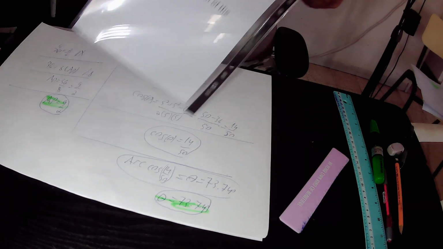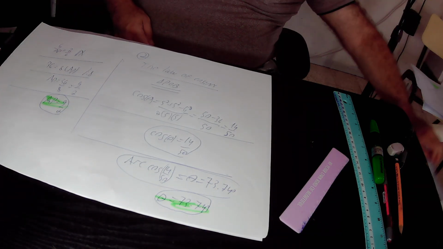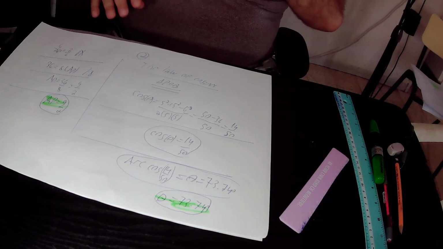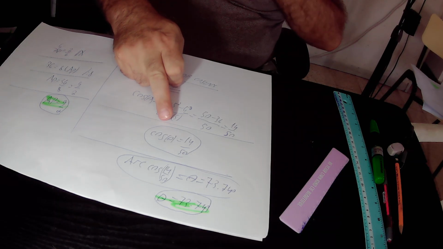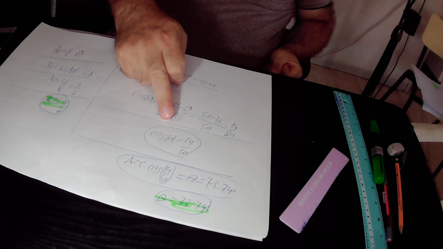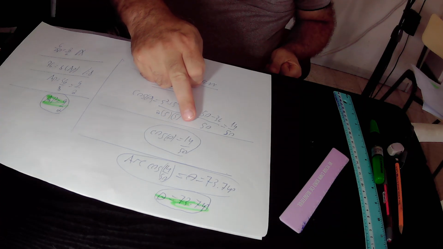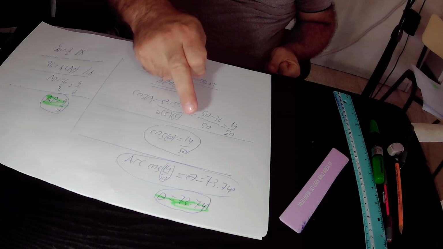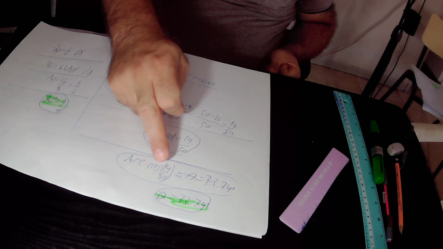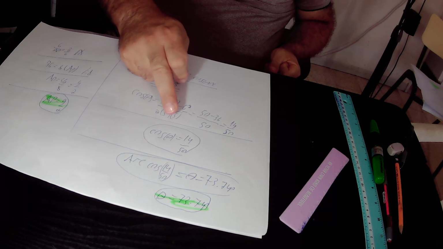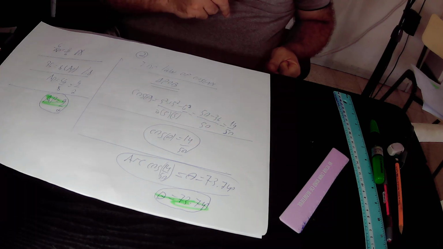So in order to cancel out the operation of the cosine, we have to operate the inverse function of cosine, that is arc cosine, on the result 14 over 50. In this way, we get angle theta itself.